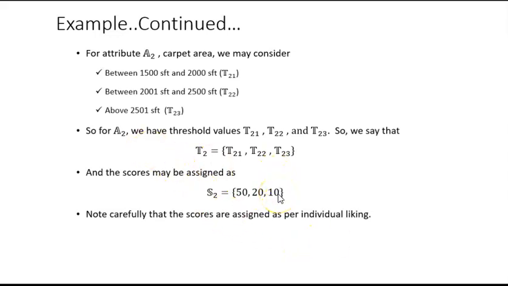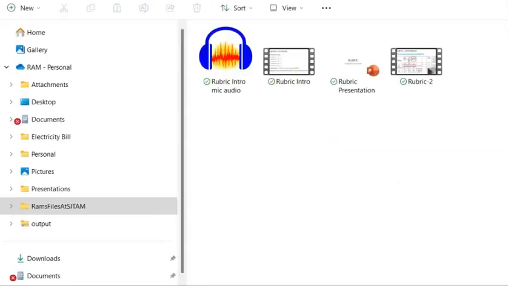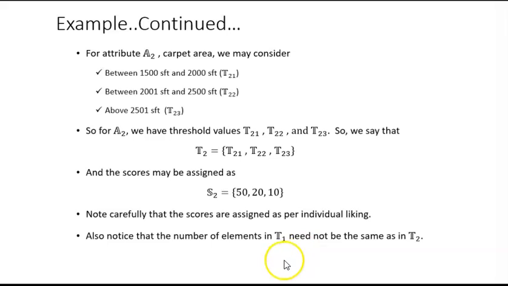You may choose something else, but you need to have a set score and define it beforehand. And the same thing applies to every house that we consider. So when you develop a rubric, the rubric applies to every candidate house that we consider. Notice carefully that the number of elements in set S1 and S2 need not be the same.